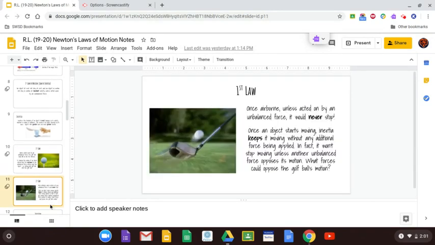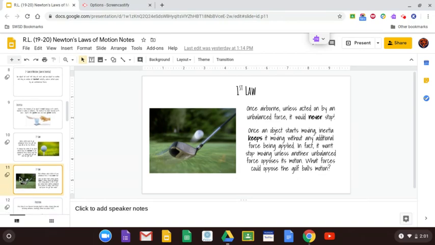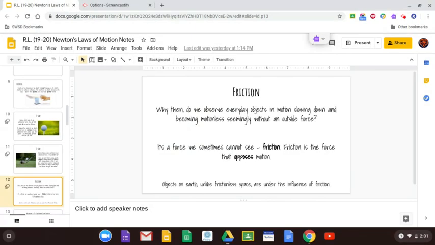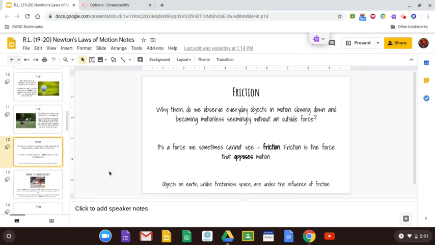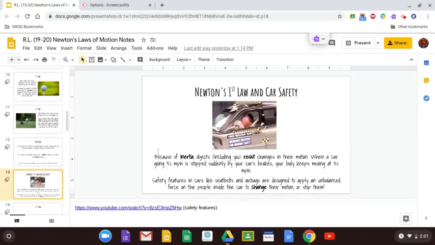Then once it's going in the air, it wants to stay going in the air unless something stops it, like gravity or friction. Friction exists between anything that's moving on Earth because we have air. So good for us, but bad for moving objects. And finally, they use Newton's first law of inertia to help us to stay safe in cars.